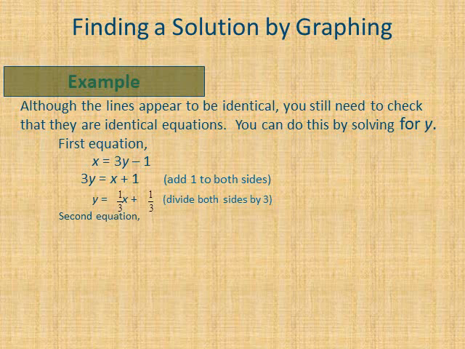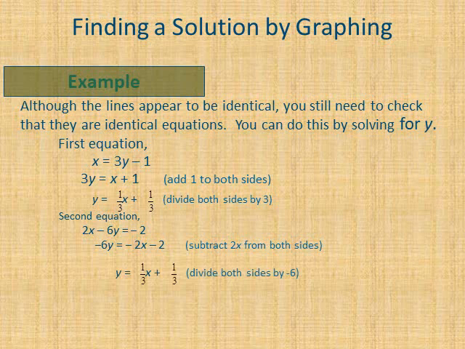Let's rewrite the second equation, which is 2x minus 6y equal negative 2. I can rewrite it like this: negative 6y equal negative 2x minus 2. Divide all terms by negative 6. Finally, it will be y equal 1 over 3x plus 1 over 3. Then I can say that also the slope equal 1 over 3 and the intercept equal 1 over 3.